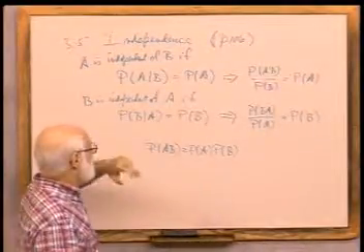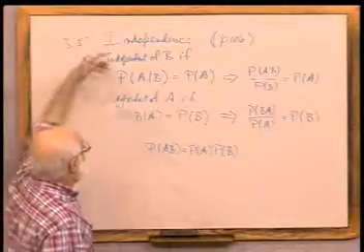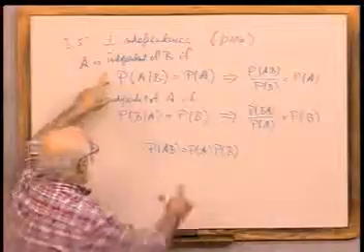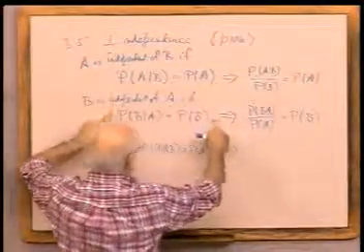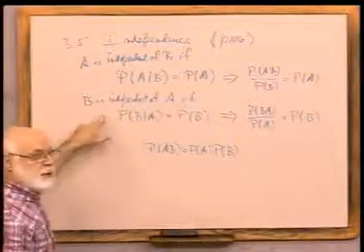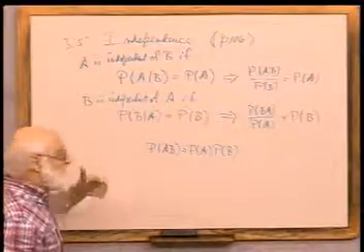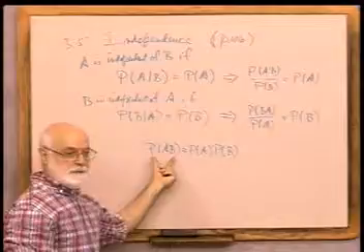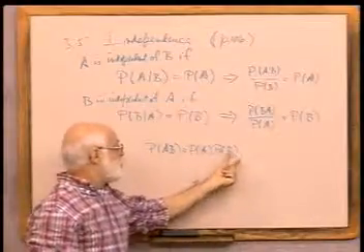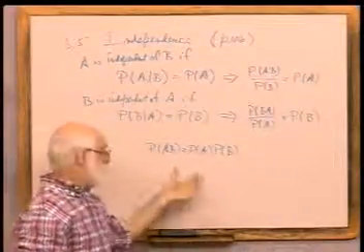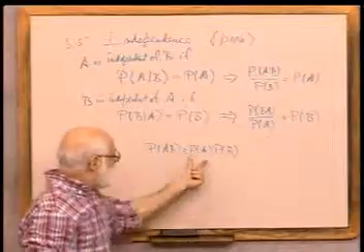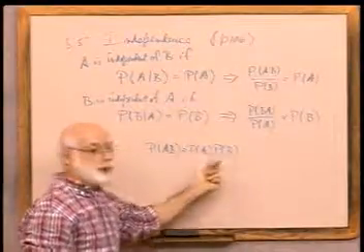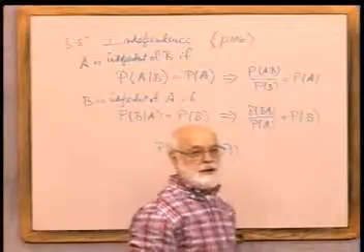I can answer that by calculating the conditional probability either way and verifying that this is true or this is true, or more usually, people calculate the joint probability, calculate the individual probabilities, and multiply them. If this is equal to that, then the events are independent, and if it's not equal, then the events are not independent, or dependent.